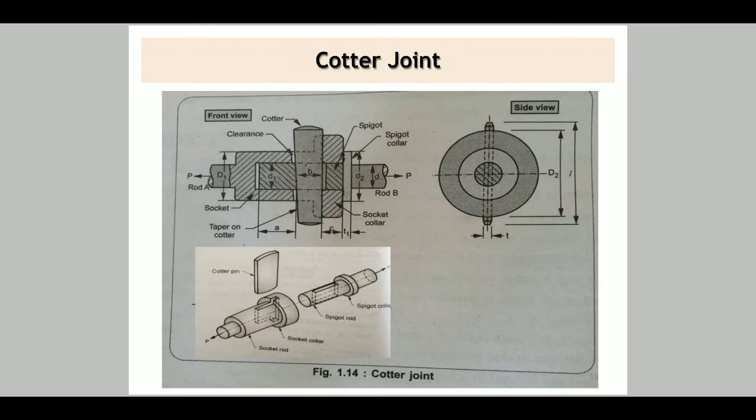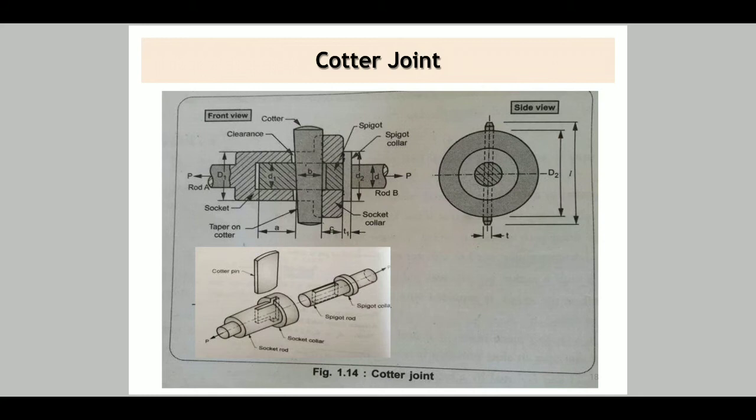The advantages of cotter joint are a very high tightening force due to wedge action that prevents loosening of the parts, and the cotter joint is simple to design and manufacture, and easy to assemble and disassemble.